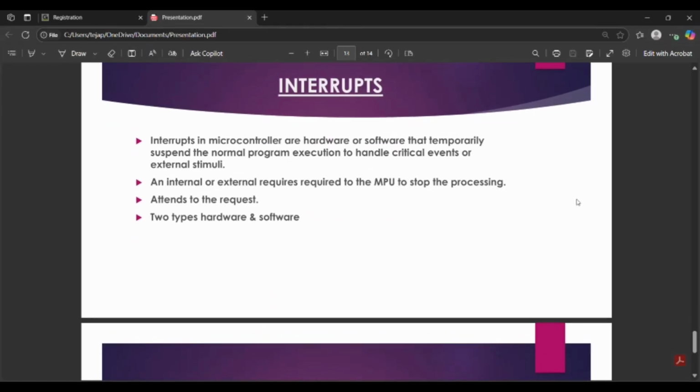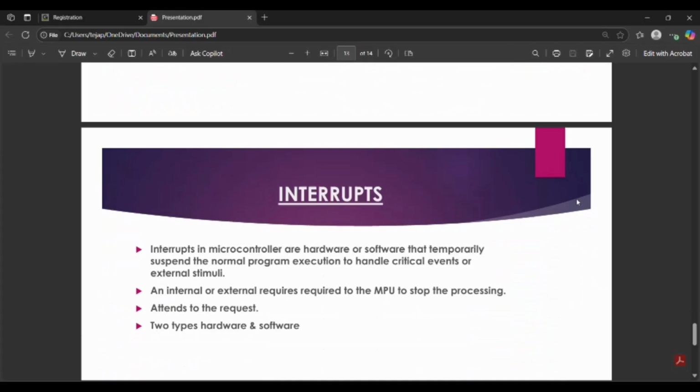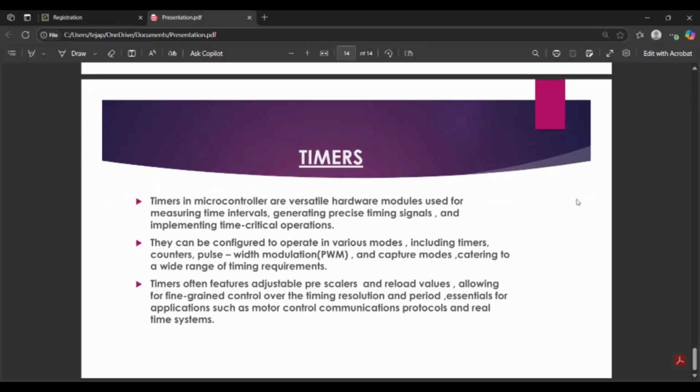It is used for measuring time intervals, generating precise timing signals, and implementing time-critical operations. Timers can be configured to operate in various modes, including timer, counter, pulse width modulation, PAM pulse amplitude modulation, and capture modes, catering to a wide range of timing requirements.